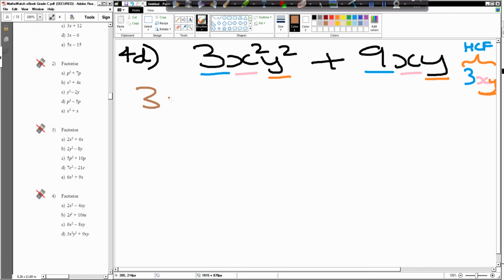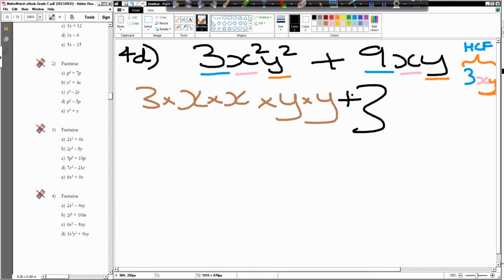So the first one will be 3 times x times x. That's how we split up the x squared like this. And the y squared is going to be times y times y. Copy down the plus from here. The 9xy will become 3 times 3 times x.